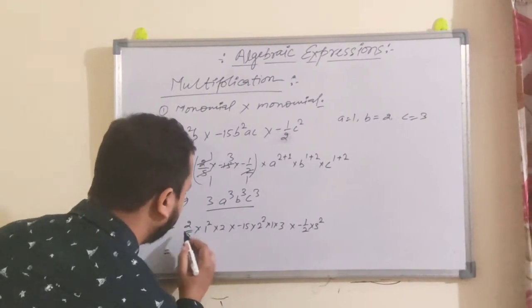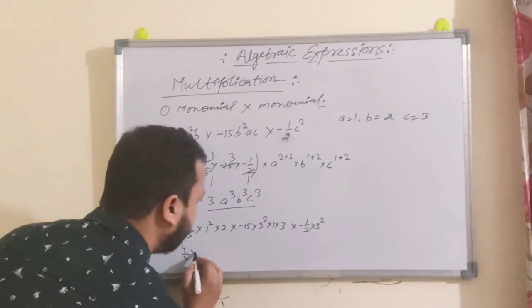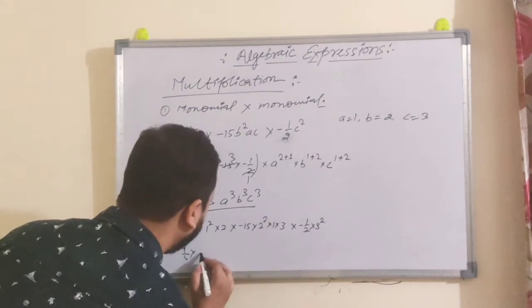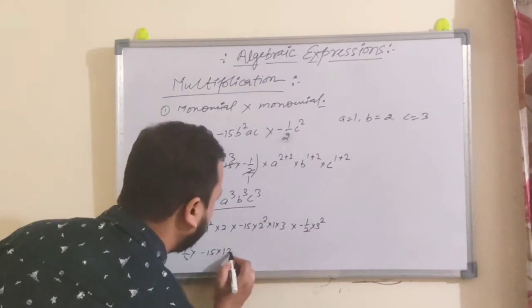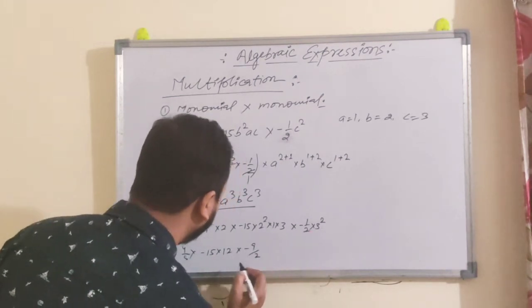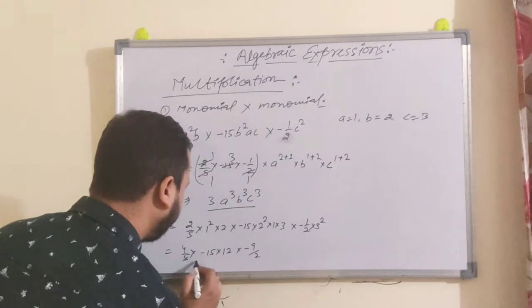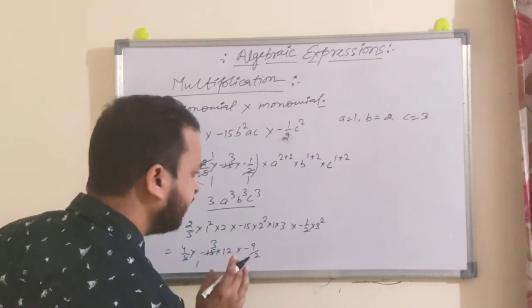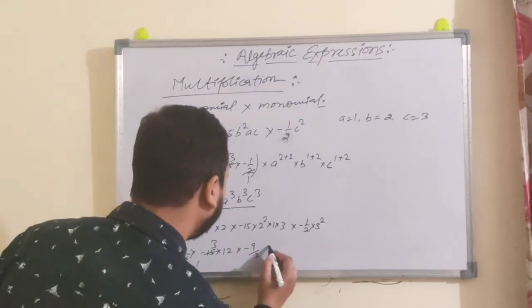So here 2 2 ja 4, 4 by 5 multiply with 2 2 ja 4, 4 3 ja 12, minus 15 into 12 into 3 3 ja 9, minus 9 by 2. Here 5 1 ja, 5 3 ja, right? And now we have to multiply it.